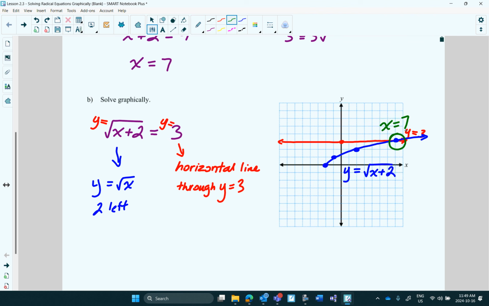You graph each side of the equation by putting a y equals in front, find where they intersect, and read the x coordinates, because that's what we're solving for, is x. Okay? So the next one. Don't worry, I'll go back to that talk later.